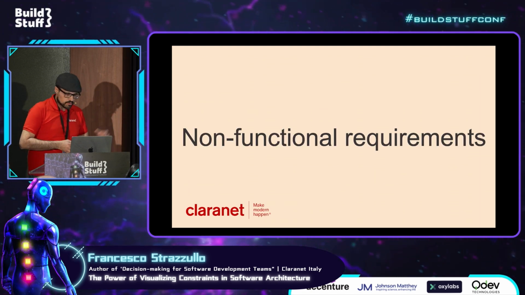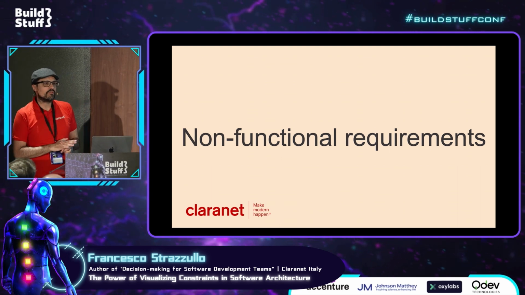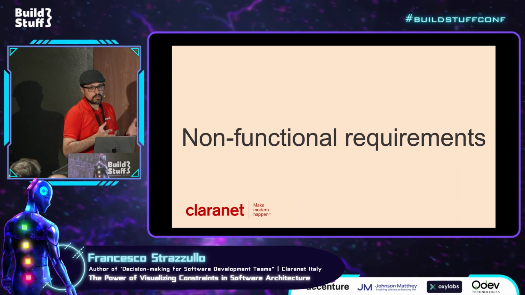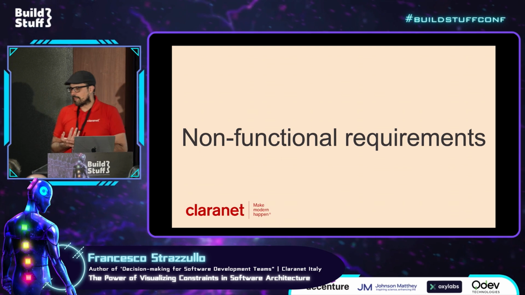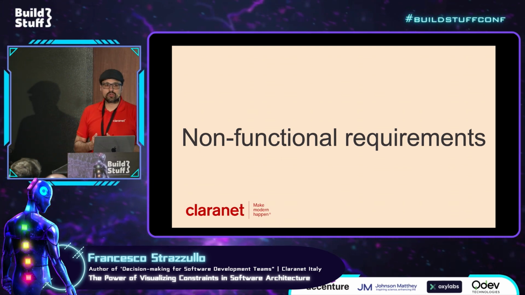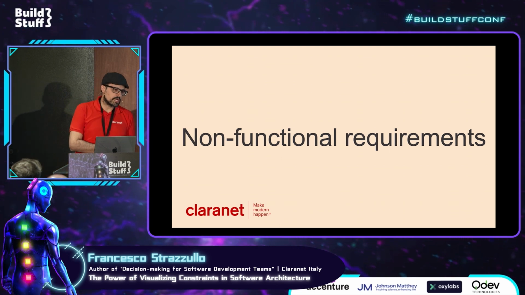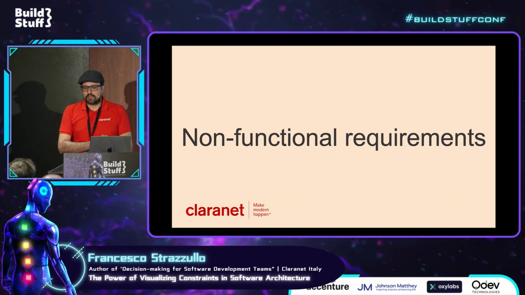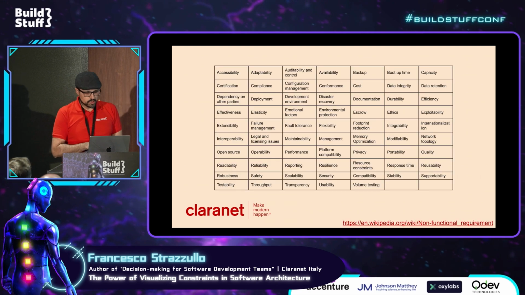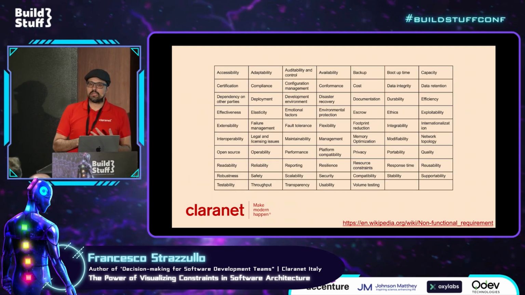And so the way that, from an engineering point of view, we define context or constraints, if you want, is called non-functional requirements. They are also called, in English, ilities, because as you can see, this is a non-comprehensive list that you can find on Wikipedia.